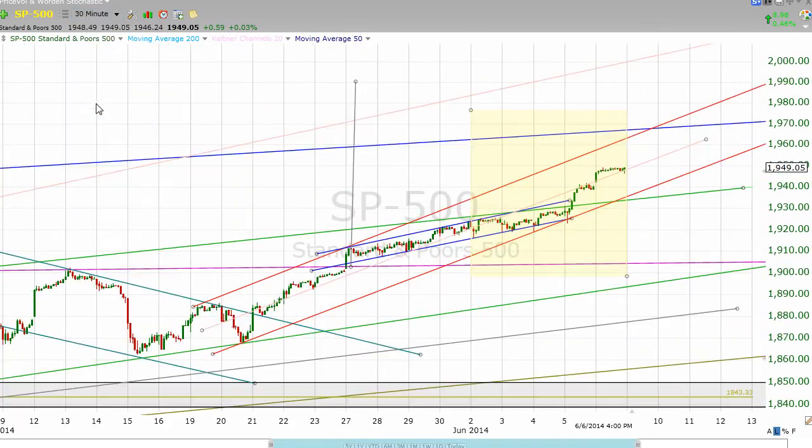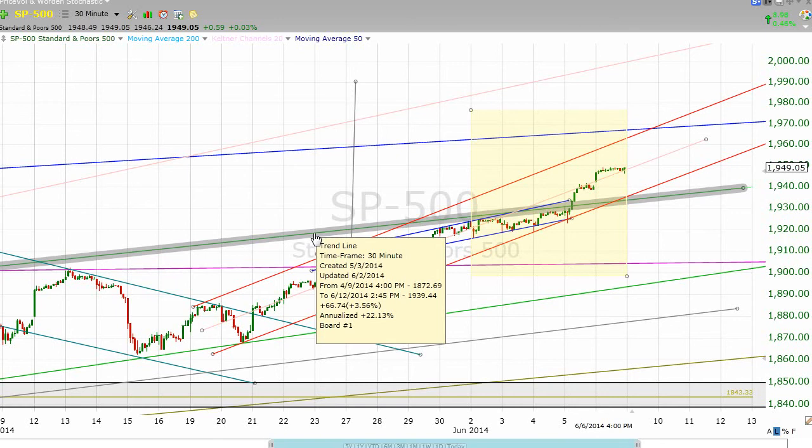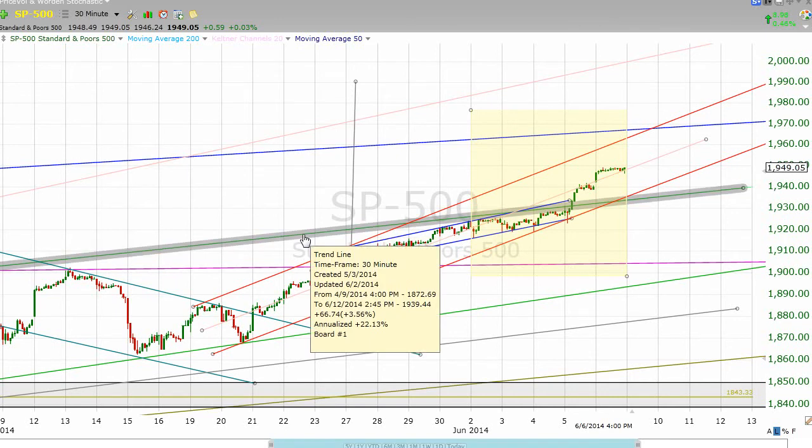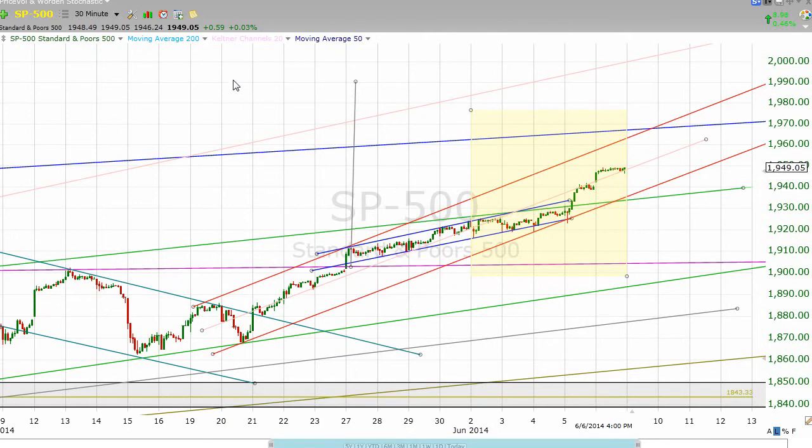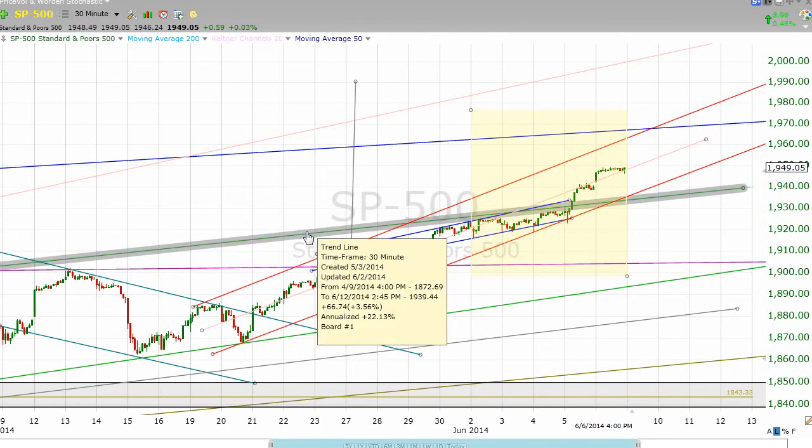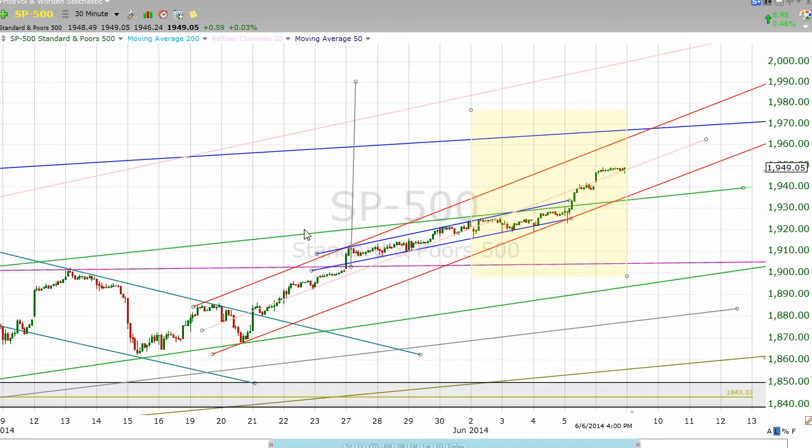Once we got over that, because that target is significantly higher than where this green line is for many weeks, it's as if this pattern is saying, we've got to get this done. This green line, forget it. You're not strong enough. You can't hold us back.